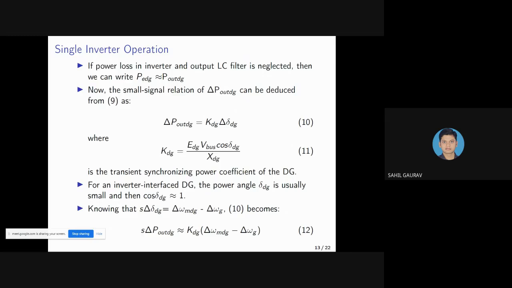So this expression can be expressed in a small signal model also as delta DG is equal to delta omega m DG minus delta omega g. This omega m is the angular frequency of inverter, and omega g is the angular frequency at the infinite bus, that is load bus.